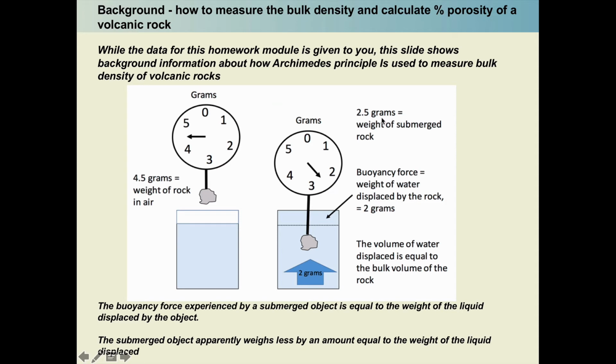It weighs less than it did in air because of that buoyancy force pushing up on the rock, proportional to the amount of water that was displaced. So the buoyancy force experienced by a submerged object is equal to the weight of the liquid that's displaced by that object. The submerged object will apparently weigh less by an amount that's equal to the weight of the liquid displaced because of that upward buoyancy force.